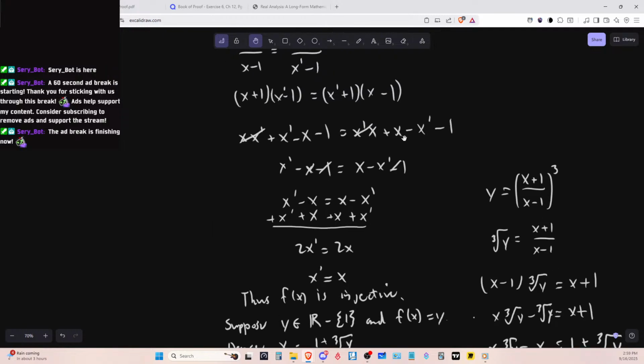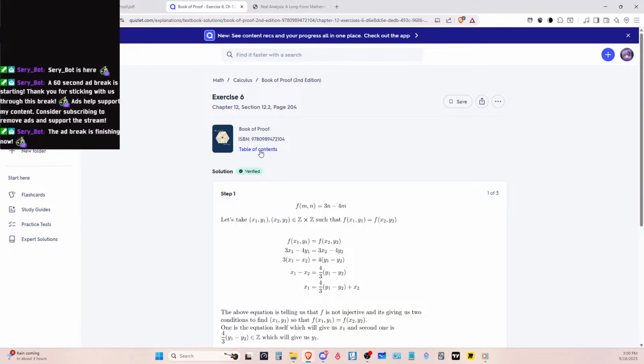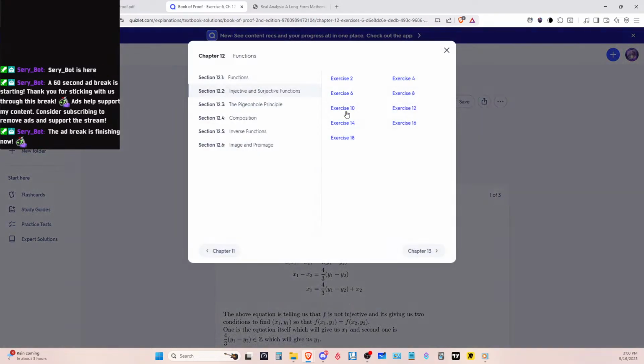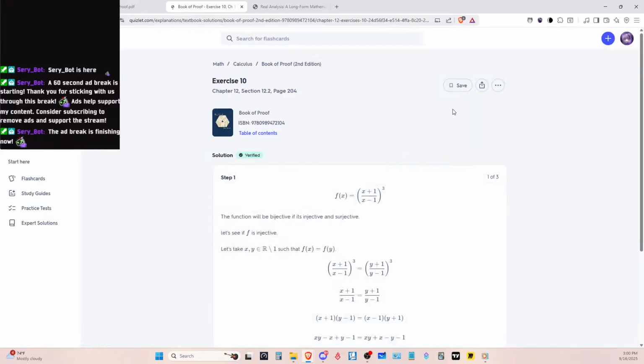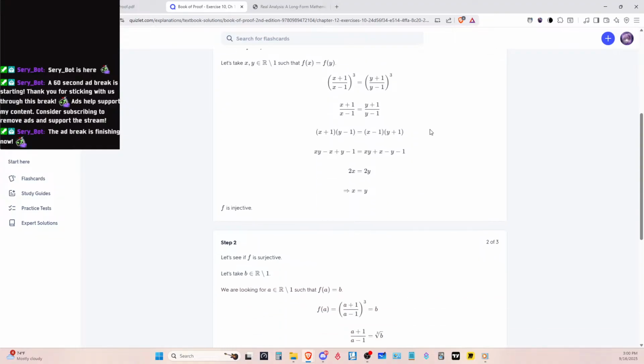This problem is what, number 10? So let's go back to the table of contents, exercise 10. So we did prove this one. We proved that it's injective. Now the thing is, for surjective, what are we missing here?